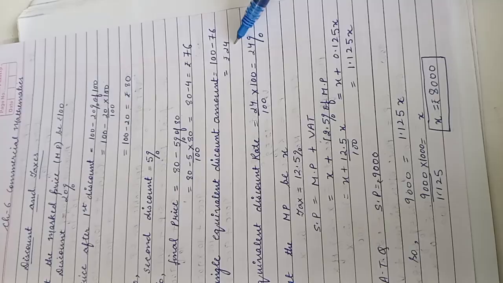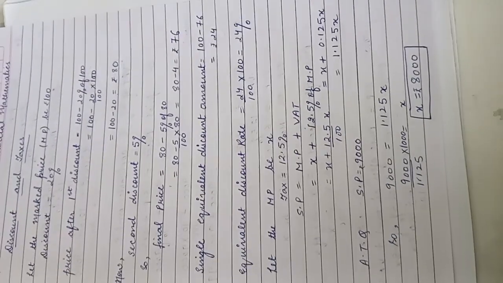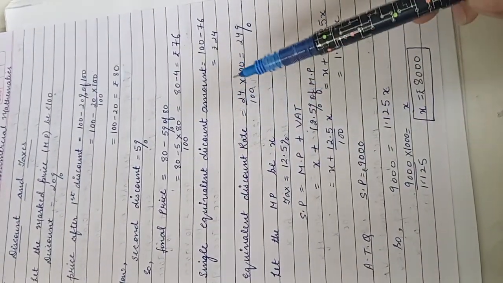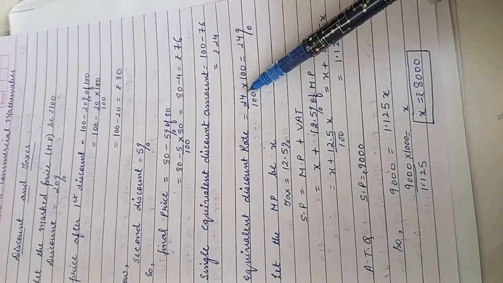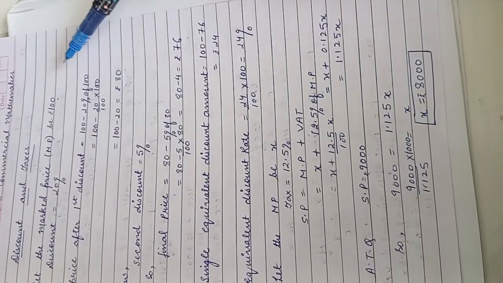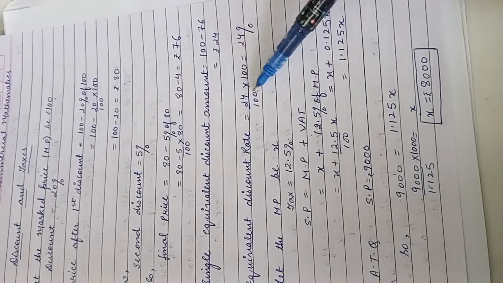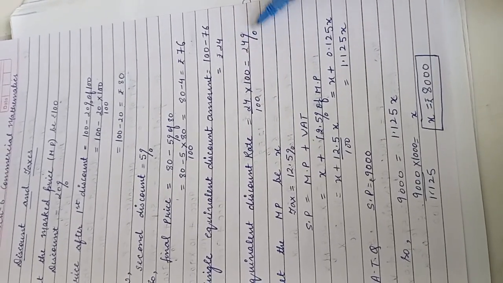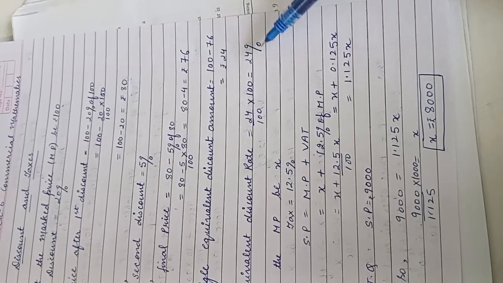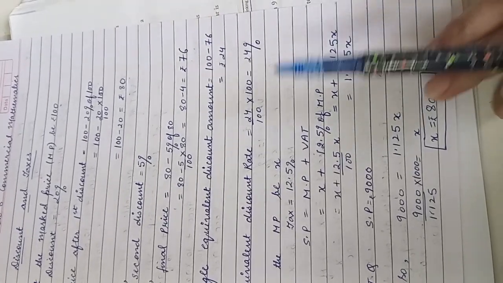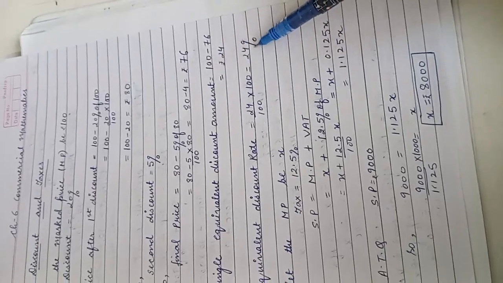So how much discount did you get? Of rupees 24. Now to find the rate or the percentage, what do we have to write? The discount divided by the original, that is 100, and multiply by 100 for percentage. This will be cancelled out and the equivalent discount will be 24%. Okay, so the equivalent discount is 24%.